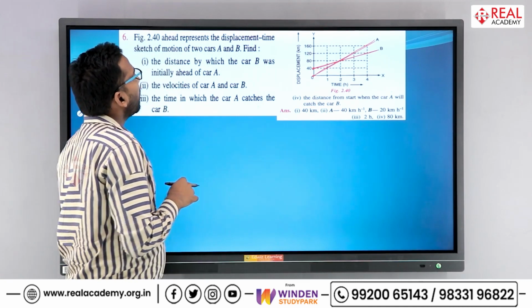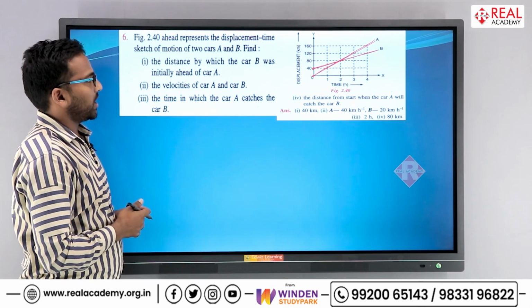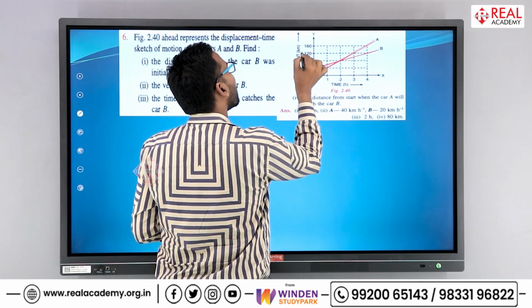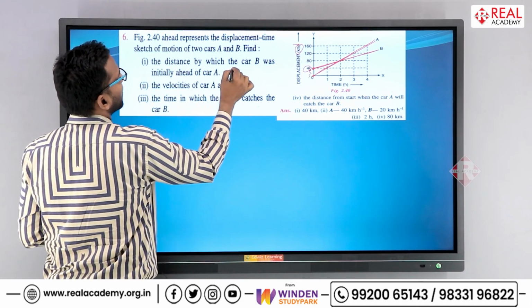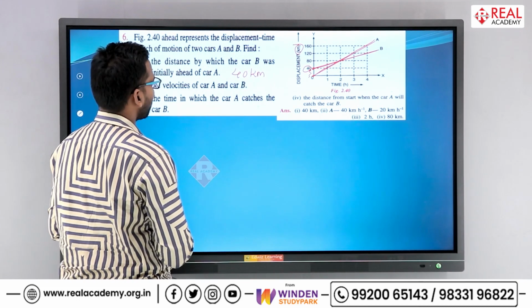So they are asking by what distance car B was ahead of A. From the graph it can be clearly seen that it is 40 kilometer. So the first answer is 40 kilometer.